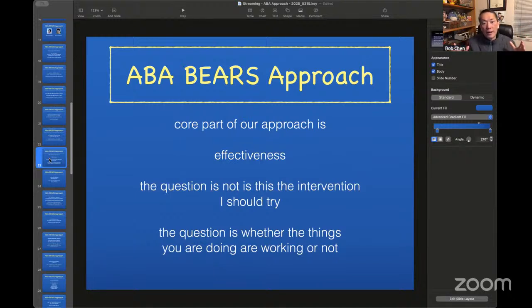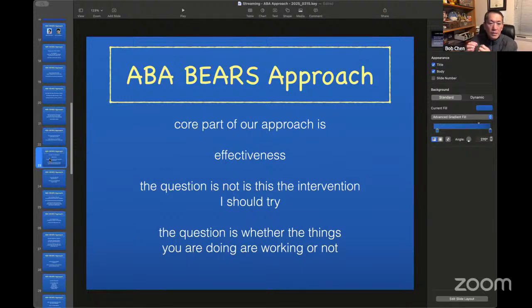All we care about is, are we effective? We have this kid. These are the problems that they present. A year later, 6 months later, whatever time frame you're looking at, are they improved? Have we helped them substantively?